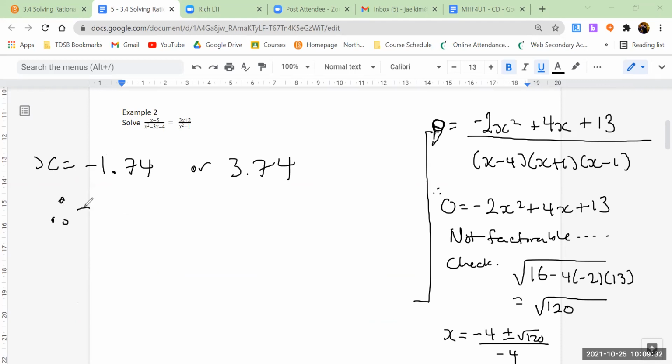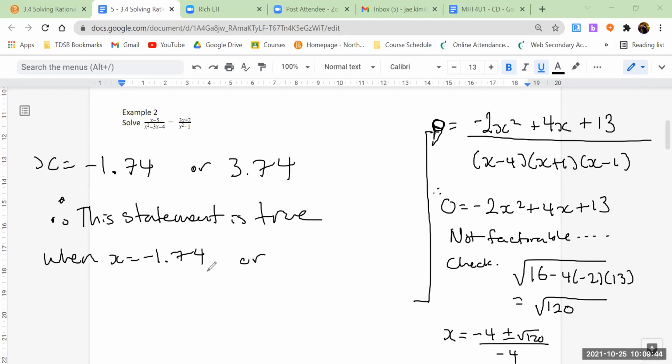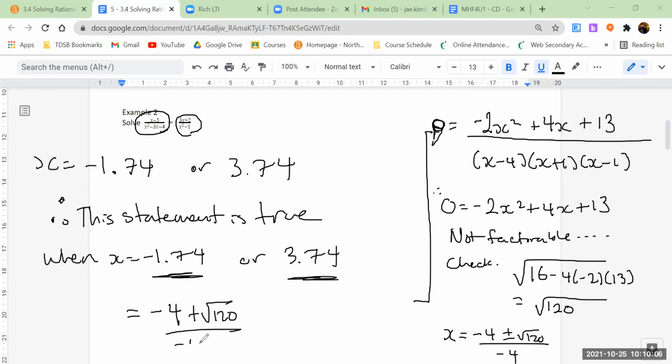Therefore, this statement is true when x equals negative 1.74 or 3.74. So this big fraction on the left will equal the fraction on the right side if x happens to be these two numbers. Well, that's of course not accurate. For questions like that, I believe it will be proper form to actually leave it as this.